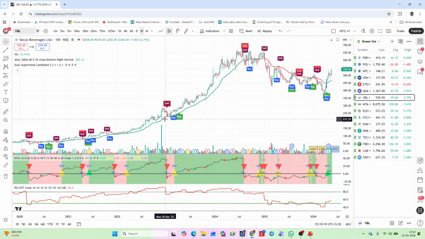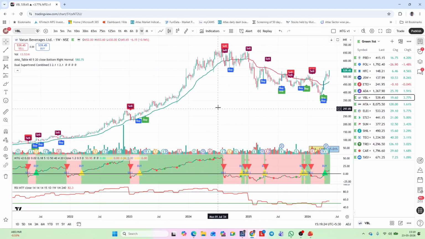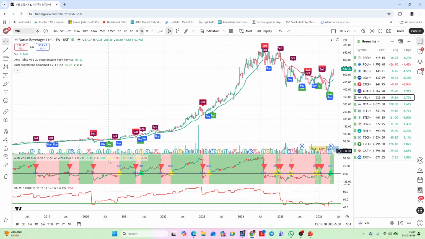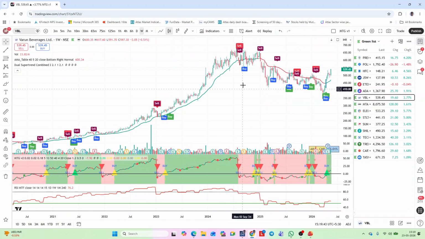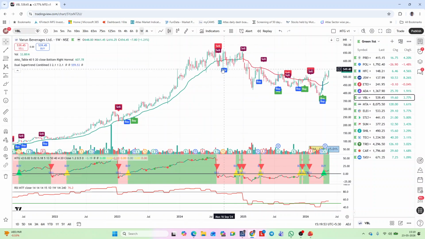Then again, if you see, the trend continued here. This is where you see the RSI closed below 80. This is the level where the RSI closed at 80. So from April 20 to August 24, almost 4 years VBL was in a stage 2 uptrend, and then the downtrend started here.